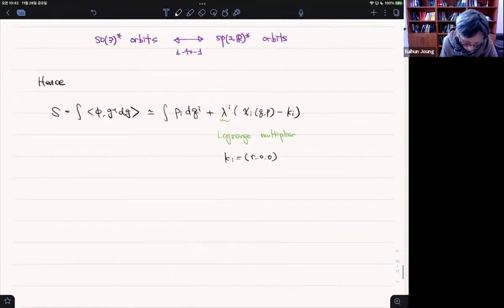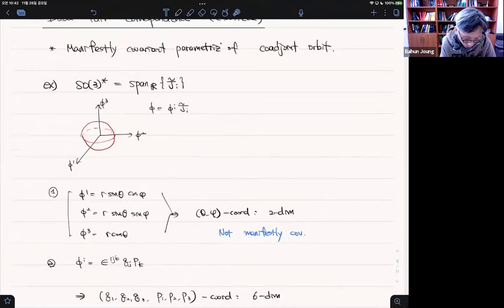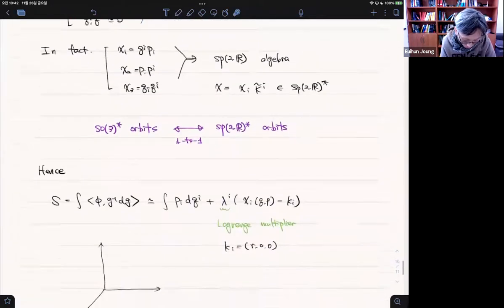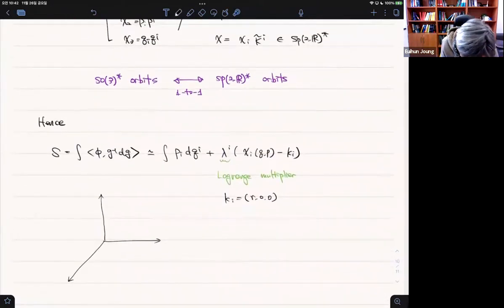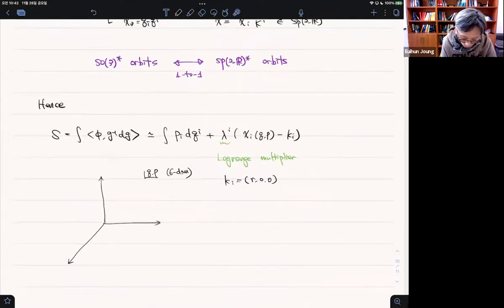And then, from the Hamiltonian constraint system perspective, to describe the sphere, which is two-dimensional, you begin with the QP space, which is 6 dimensions, and then you impose the following constraint.